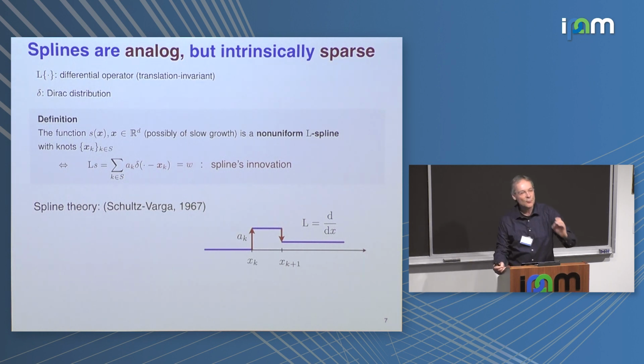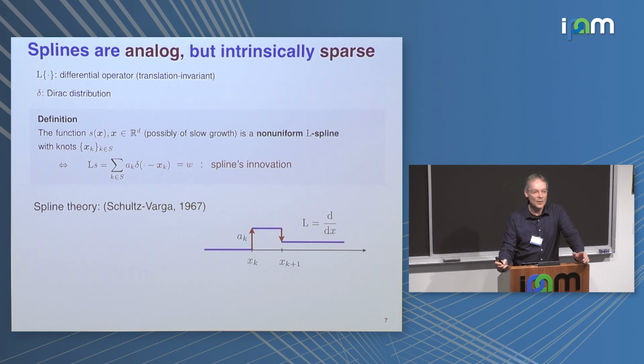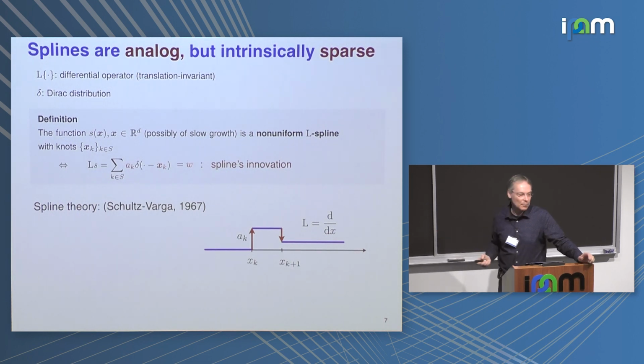So something quite miraculous, because you apply the operator to the function, and all that's left is a bunch of Diracs. And if this happens, you say, okay, this s is a spline.